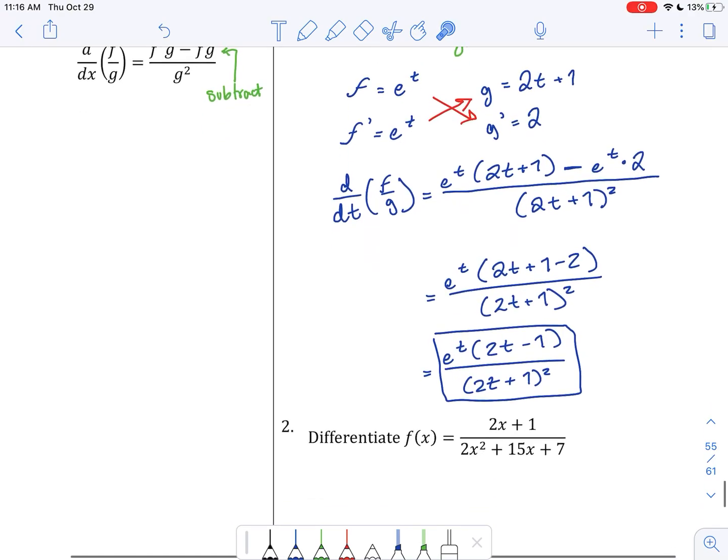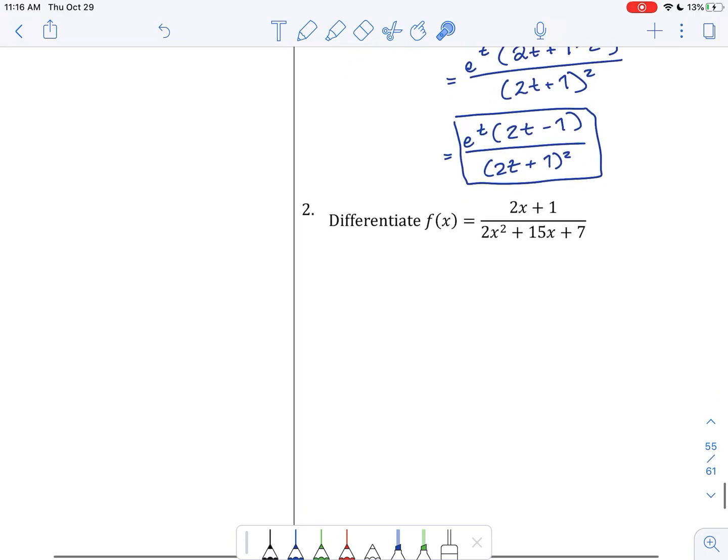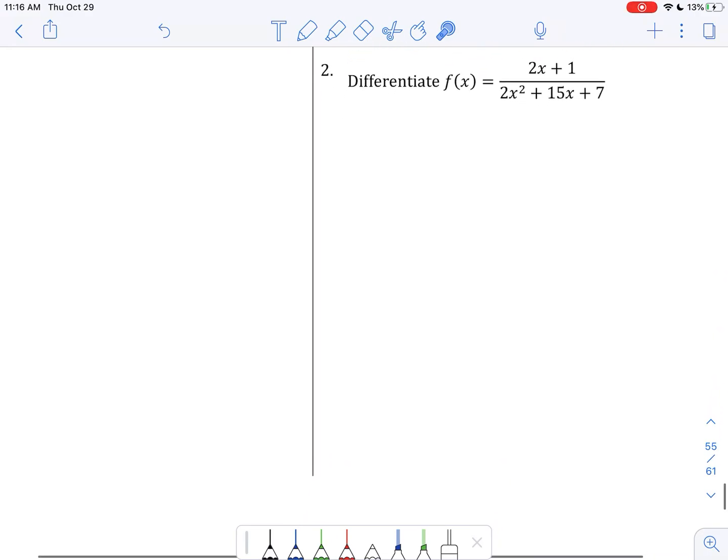Now, just like last time with the product rule, you always want to simplify first if at all possible. So in number 2, we have a very complicated numerator and denominator, especially denominator. It's like, oh, I don't want to be squaring that and differentiating and doing all those things. You want to simplify first.